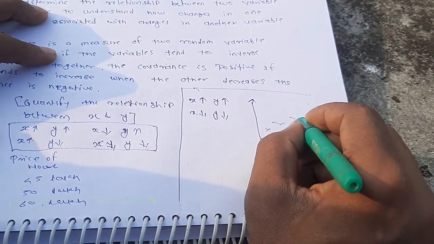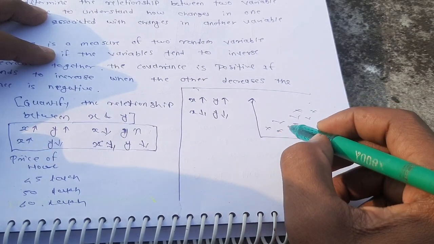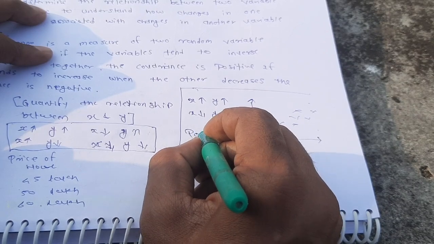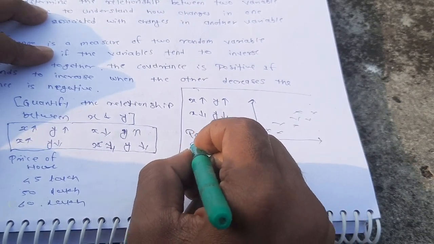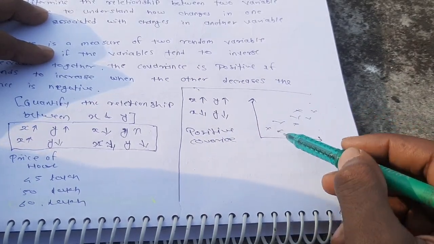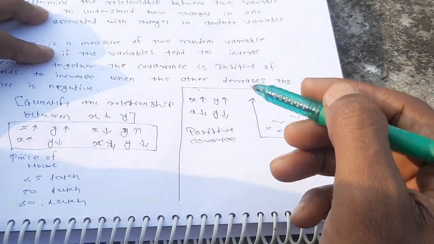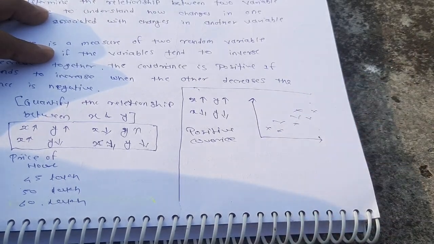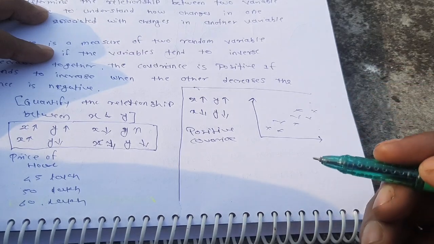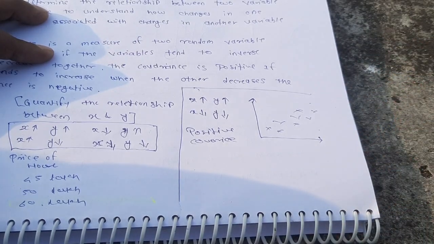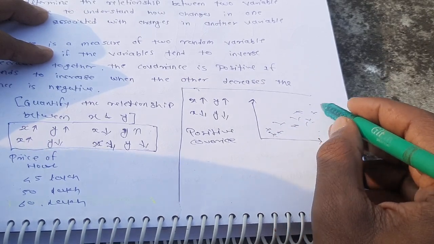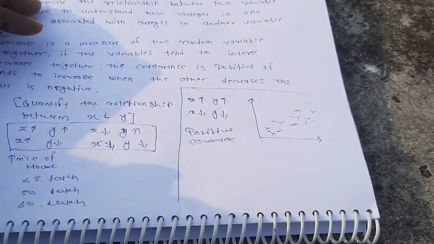This is a positive covariance. If the independent feature increases, the dependent feature increases, and if the independent feature decreases, the dependent feature also decreases.